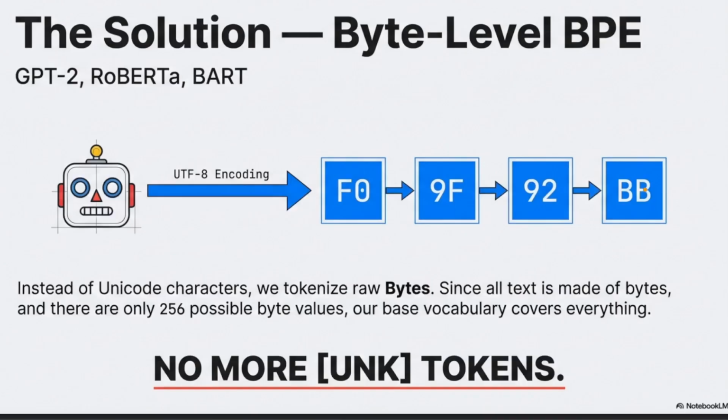This means we can represent any string of text, whether it's English, Japanese, or emoji, without using the unknown token. Because every piece of data is just a sequence of bytes, as we know, and they usually use the UTF-8 encoding. So instead of dealing with words, we deal with the bytes. This is a very clever trick.